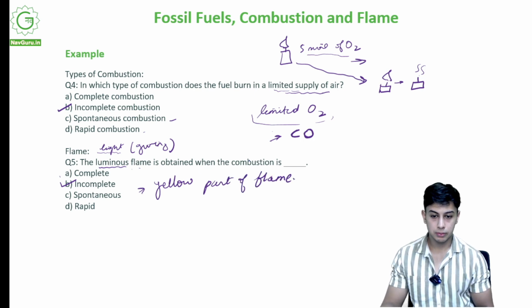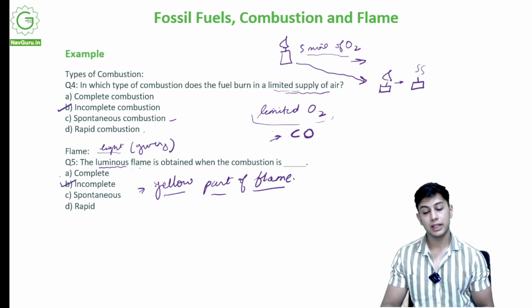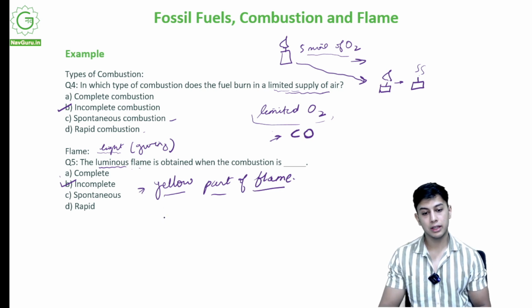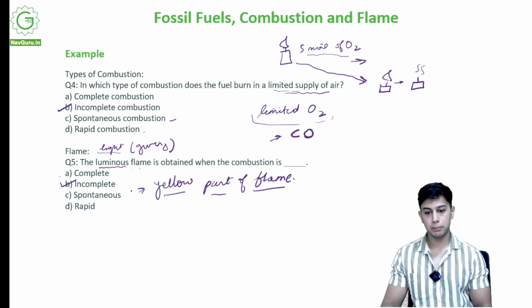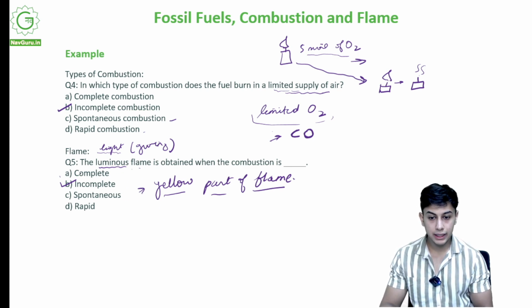Alright, there is not much air, but yellow part of flame. Okay, if there is a lot of air and the combustion is fully complete, what I mean by complete is all of the substances being burned. All right, if no ash is being produced, nothing, so that is a complete combustion.